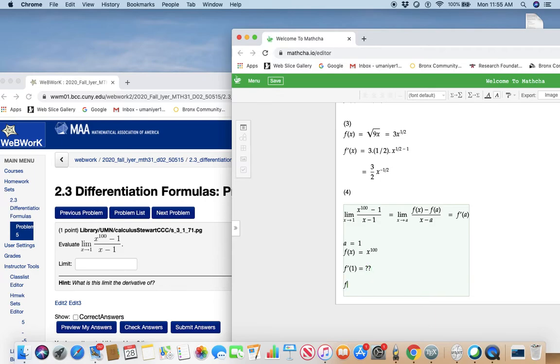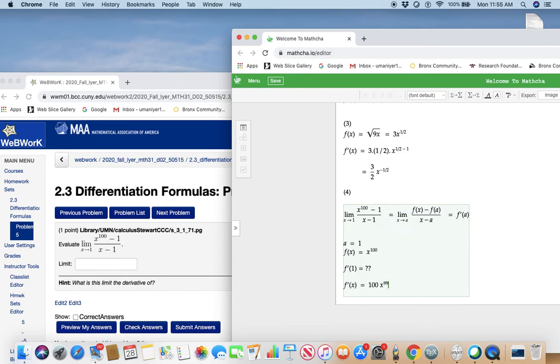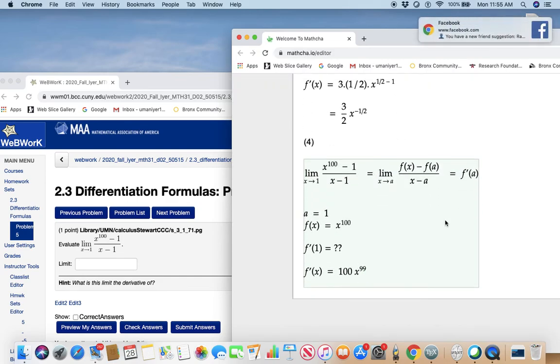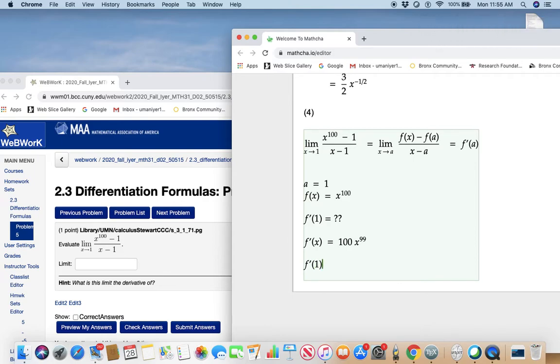All right. So first let's find f prime of x. Well, if f(x) is x to the 100, f prime of x will be 100 x to the power 99. You see, 100 comes down, power reduces by 1, which tells me f prime at 1. I need to plug in x equals 1: 100 times 1 to the power 99.